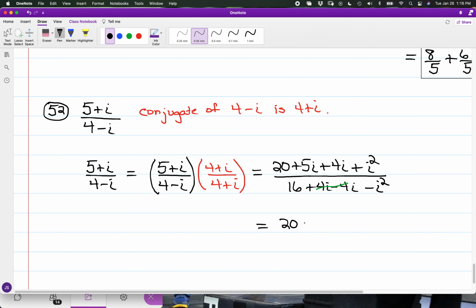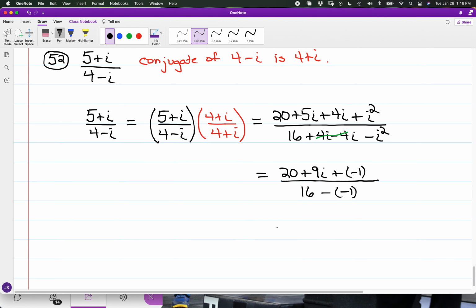so 20 plus 9i, and i squared we have at -1. And for the denominator, we have 16 minus, again i squared is going to be -1. So here we have 20 plus -1, which is going to be 19, plus 9i.